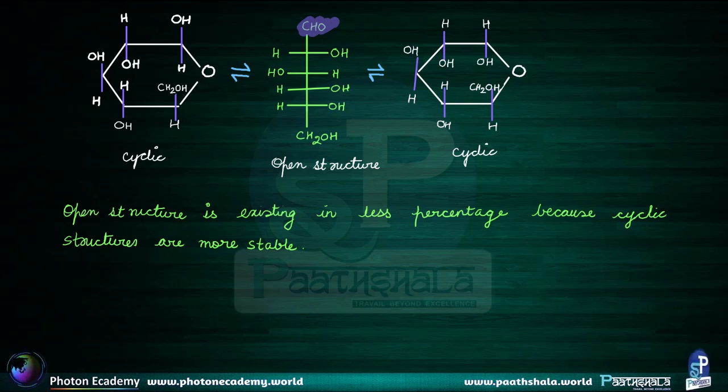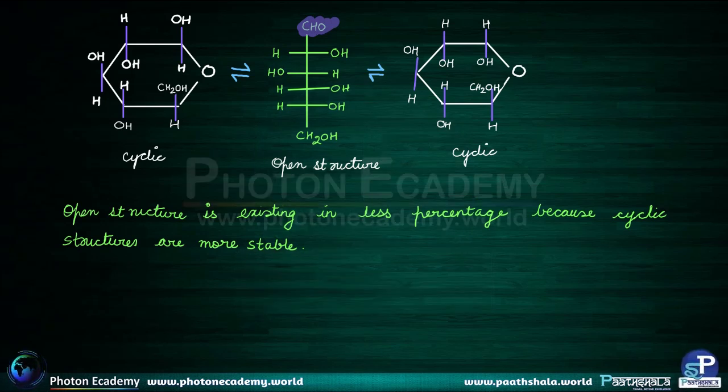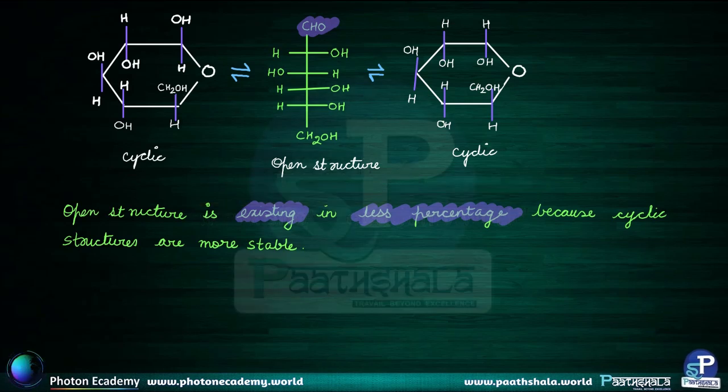So in an aqueous solution, there is very less percentage of open structure existing in it. The open structure exists in less percentage. So that was the part that we wanted to see.